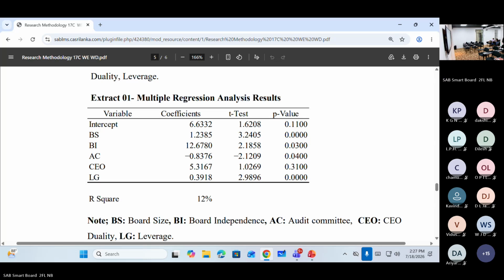First one. What is H1? Write H1 quickly.